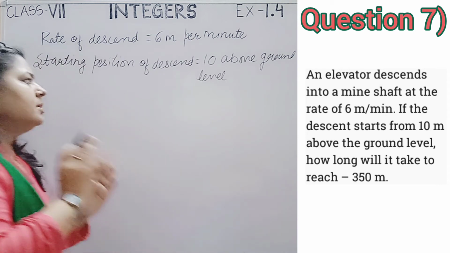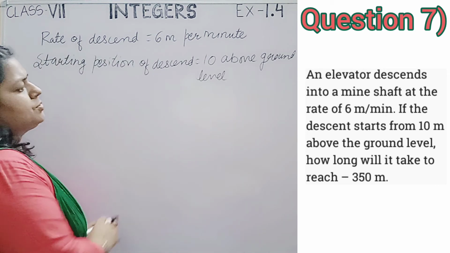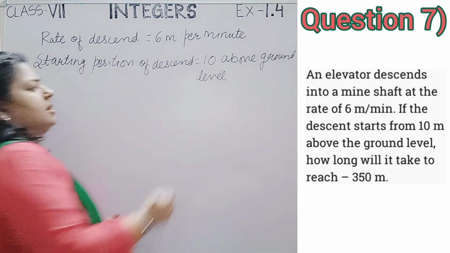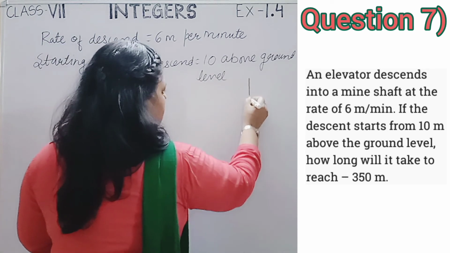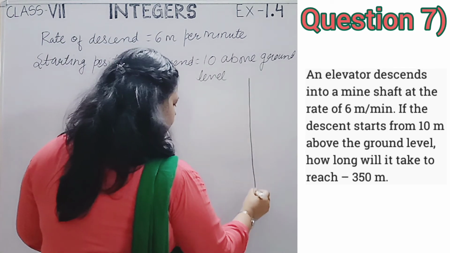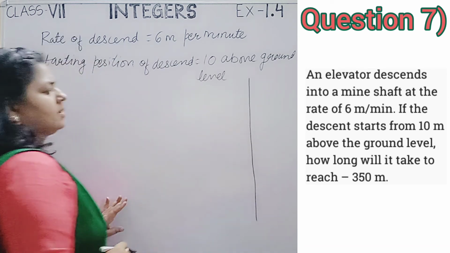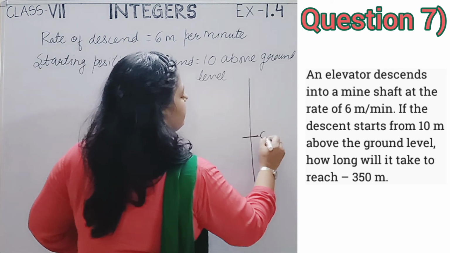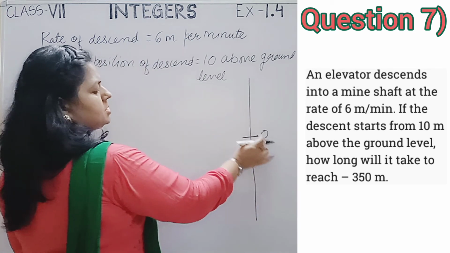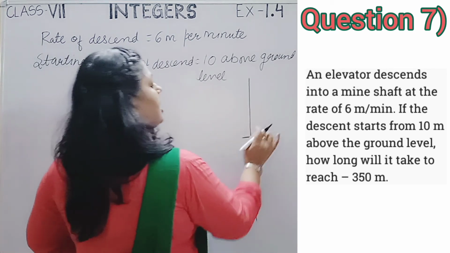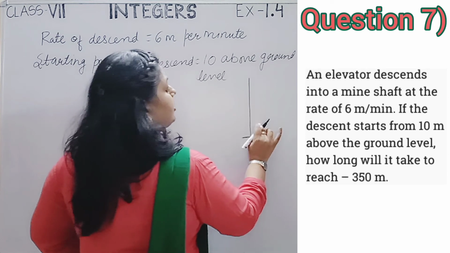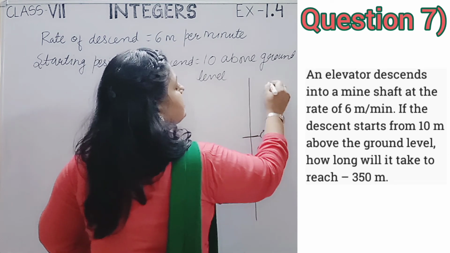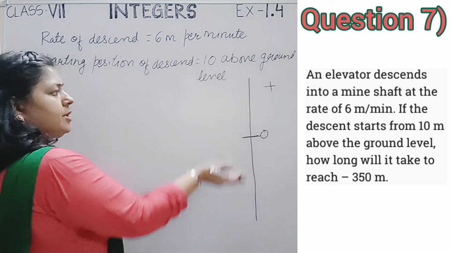Here, to clear your concept, I would like to explain in another way. Suppose this is your number line and this is our ground level, that is 0. If we are here and we go above, the plus sign will come because we are going up.